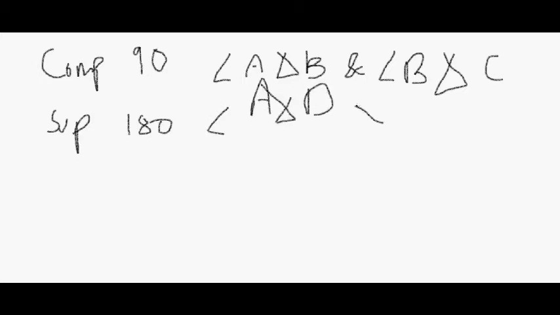Now for 180 degrees, there are so many choices. It could be angle A delta B and angle B delta F, which would be 180 degrees. So I did one example for each. All you have to do is do another example to help you out.